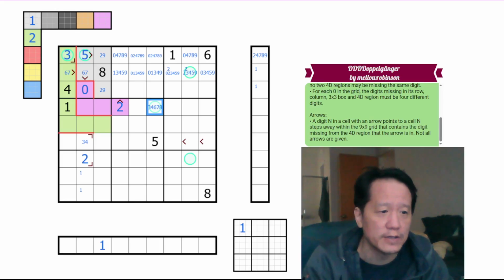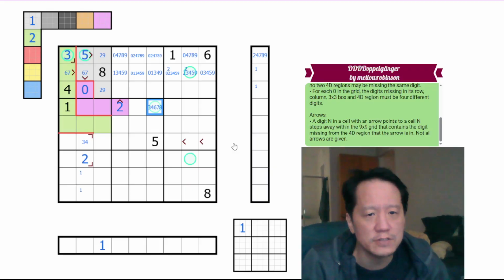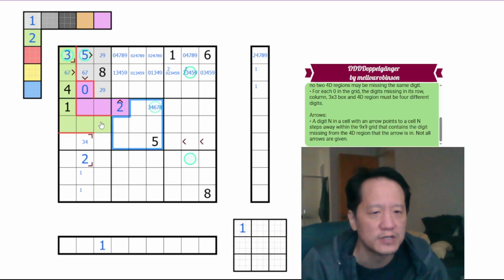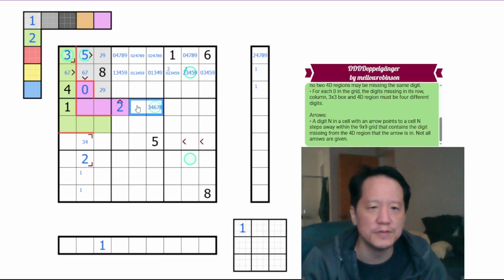It cannot be 8 because the cell in the 0 in the region would be part of the same part as this, but this region cannot be missing a 2 because it's not green. And the only way that this would not be missing the same digit as the 4D region for the circle, if this was 8, would be if the region was missing a 2, because this is the only 2.